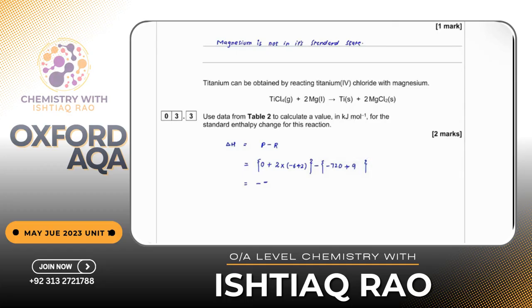Magnesium is also 2, so I'm supposed to multiply this by 2 as well. I wrote it wrong because I read the number wrong. I'll just try again. At the end, is that 9 times 2? Yeah, 9 times 2. Minus 582. Okay.